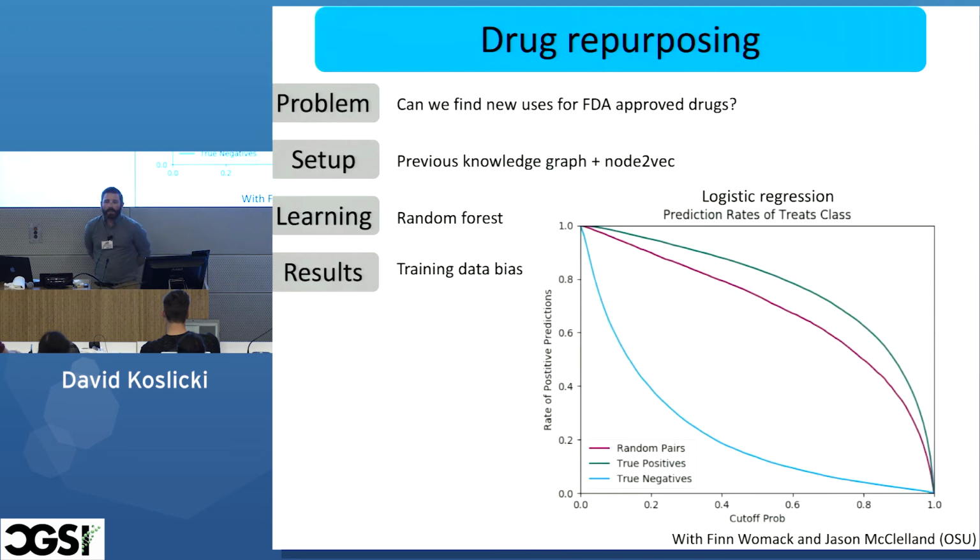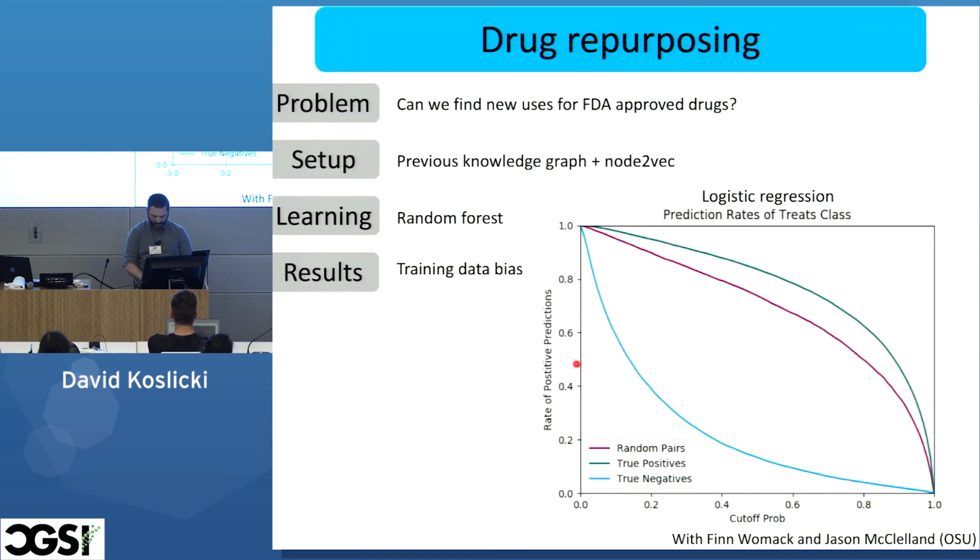And so we might not be able to use a very simple machine learning algorithm like logistic regression. If we tried logistic regression, like I have right here, and I look at the rate of positive prediction versus the cutoff probability, logistic regression returns a scalar between 0 and 1. If that number is above 0.8, I say it treats.